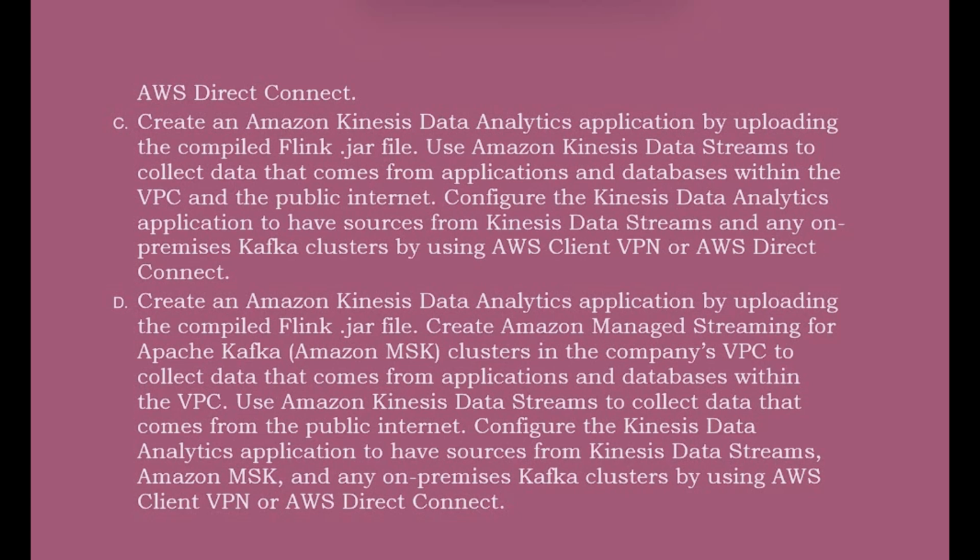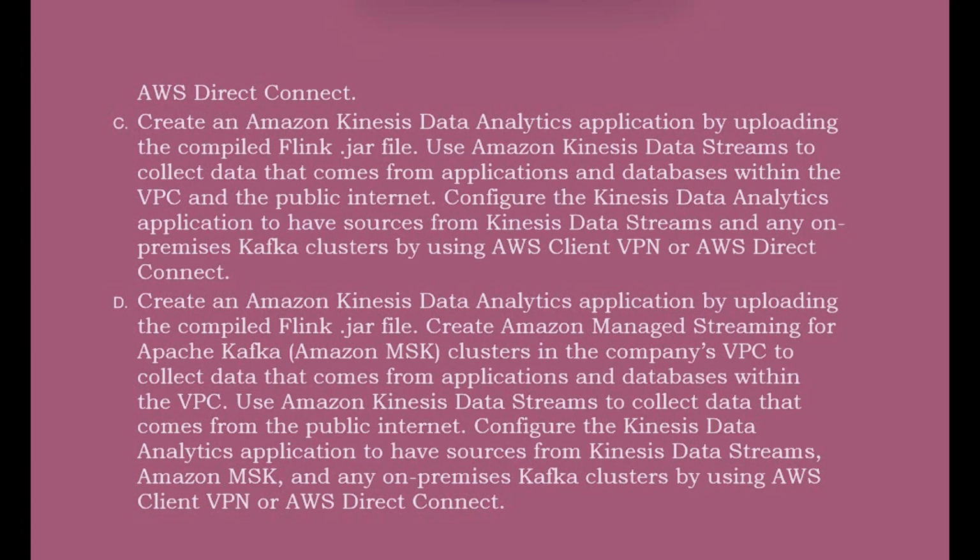Option D. Create an Amazon Kinesis data analytics application by uploading the compiled Flink.jar file. Create Amazon Managed Streaming for Apache Kafka, that is Amazon MSK clusters in the company's VPC to collect data that comes from the applications and databases within the VPC.